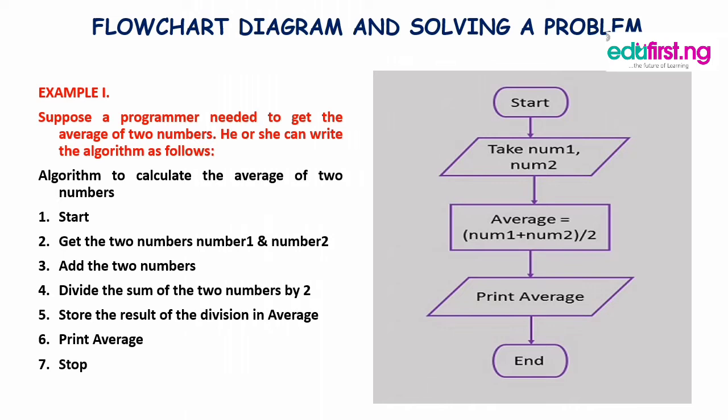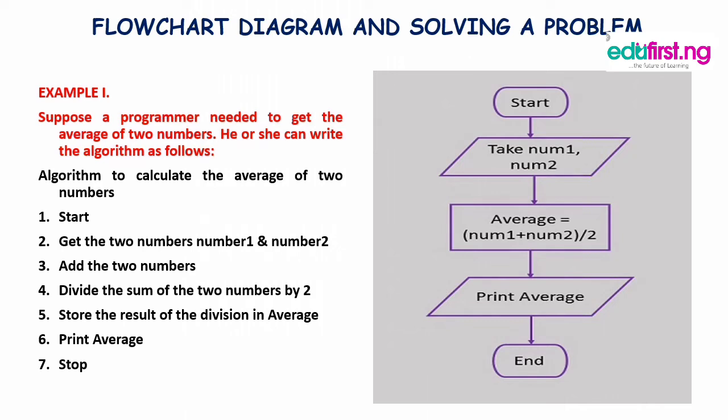Now, let us see how we can use flowchart diagrams to represent algorithm problems. As you can see on the screen, example 1: suppose a programmer needed to get the average of 2 numbers. He or she can write the algorithm as follows. Algorithm to calculate the average of 2 numbers. We have 7 steps. Step 1, start.